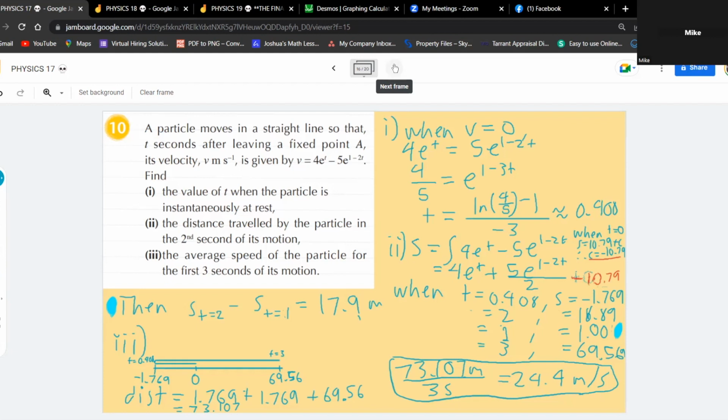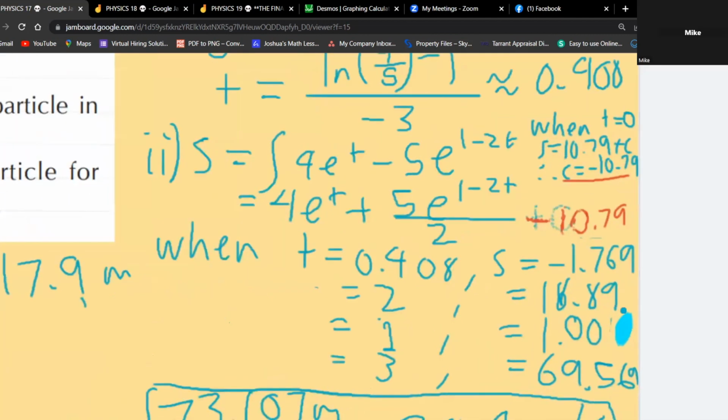Pwede mo pong isulat yung change in position from 1 to 2. So that's actually the integral from 1 to 2 of 4e to the t minus 5e to the 1 minus t. Opo. Yung integral ng velocity from 1 to 2. Kasi positive siya eh.